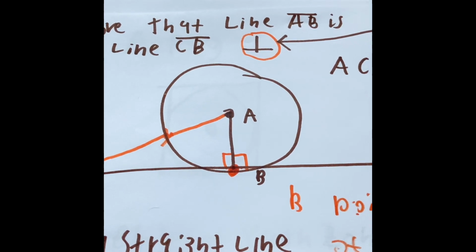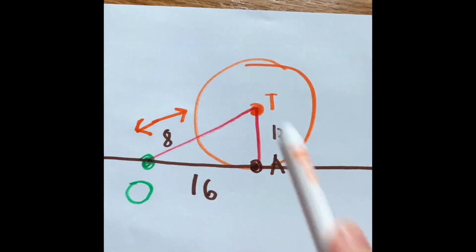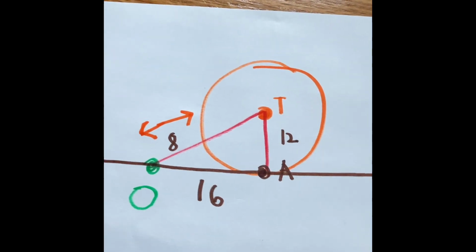Here's an example. So this is our example. Is the right triangle truly a right triangle? Let's see.